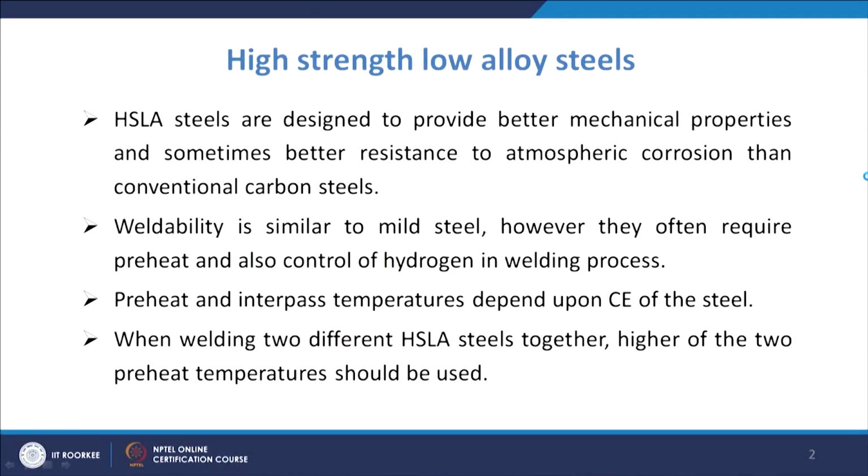The weldability is similar to the mild steel, however, they often require preheat and also control of hydrogen in the welding process. So, basically in this case you require the preheat and also the hydrogen control is very important.